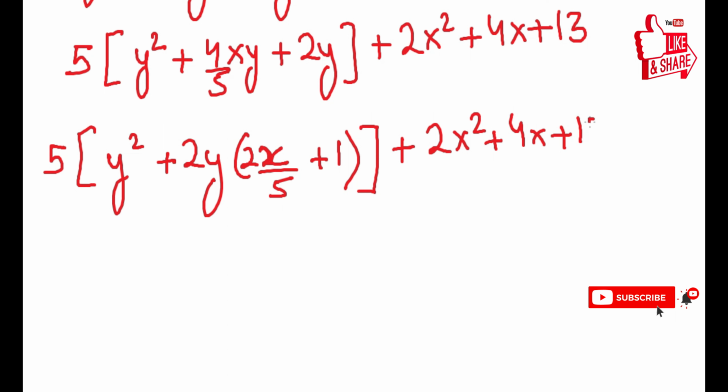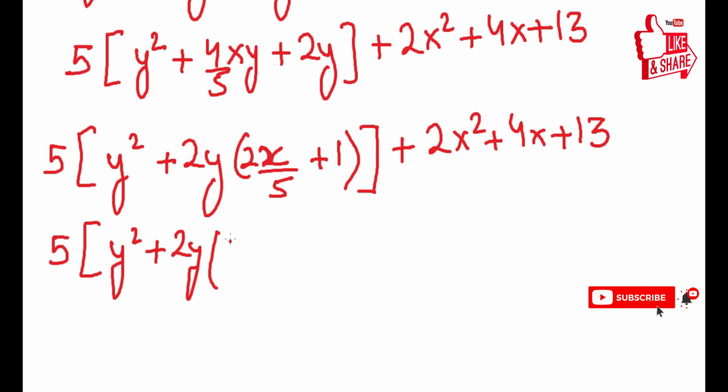I'm solving this again with y taken common. So 5, and now we have to make the completing the whole square attempt here. This part remains the same, 2y bracket 2x by 5 plus 1, and we have to add this same thing here.